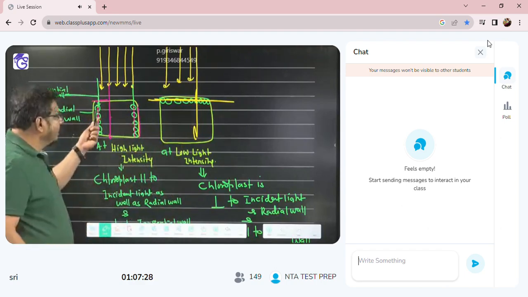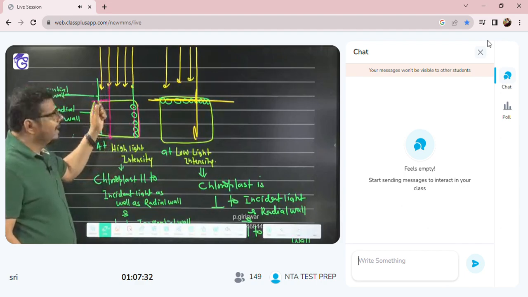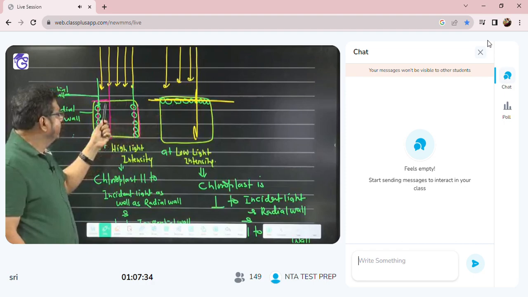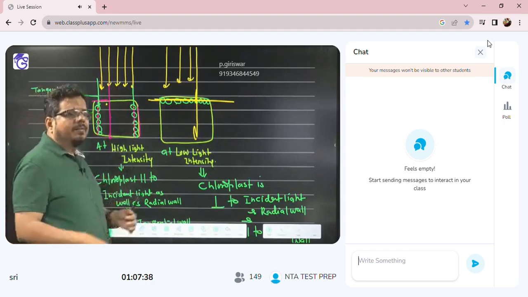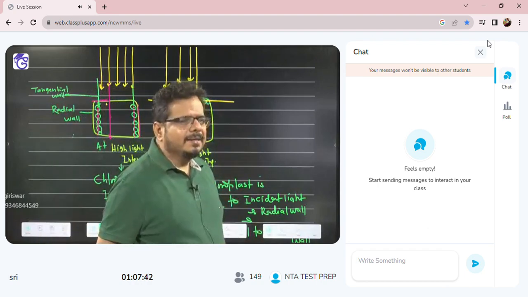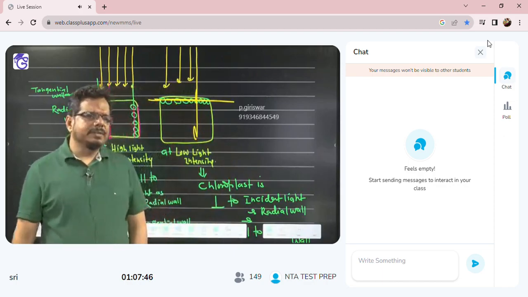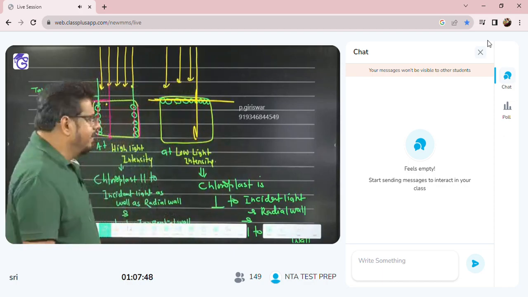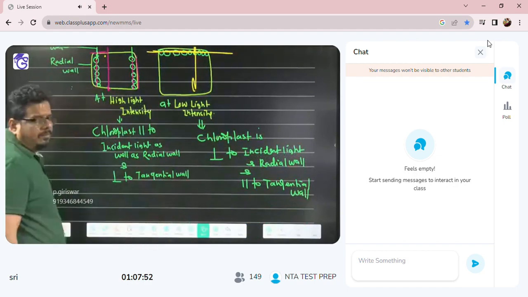If this did not happen, and suppose the intensity is high and the chloroplast were arranged like this, then they would absorb a very high amount of light, and solarization or photooxidation would occur. Understanding the idea? So the arrangement of the chloroplast in the mesophyll cell is different at different light intensity. I hope you understand it.